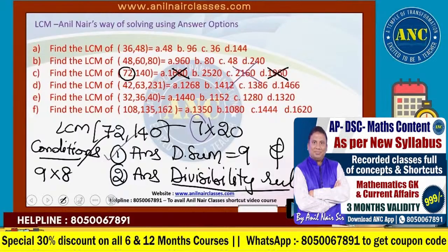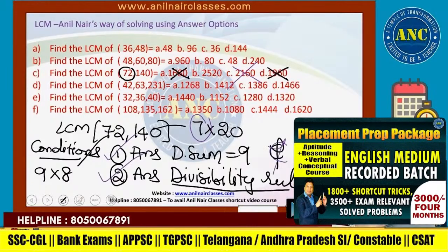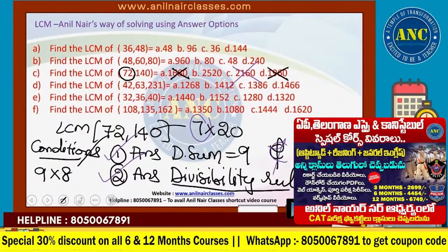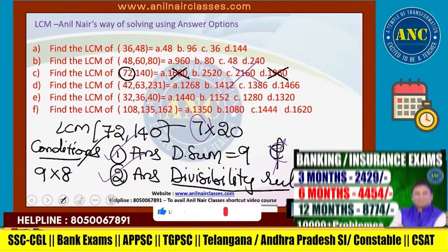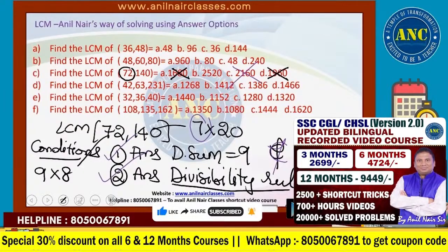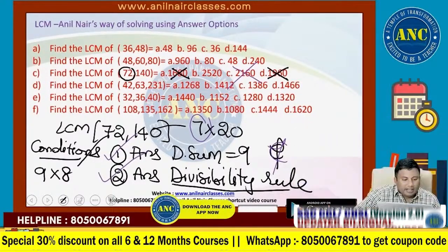Not only this, but this too needs to be tested. I hope it is clear. Next one. Option E. Varun, your statement is incorrect. As per the LCM definition, we should check the divisibility rule also. I hope you got clarity.